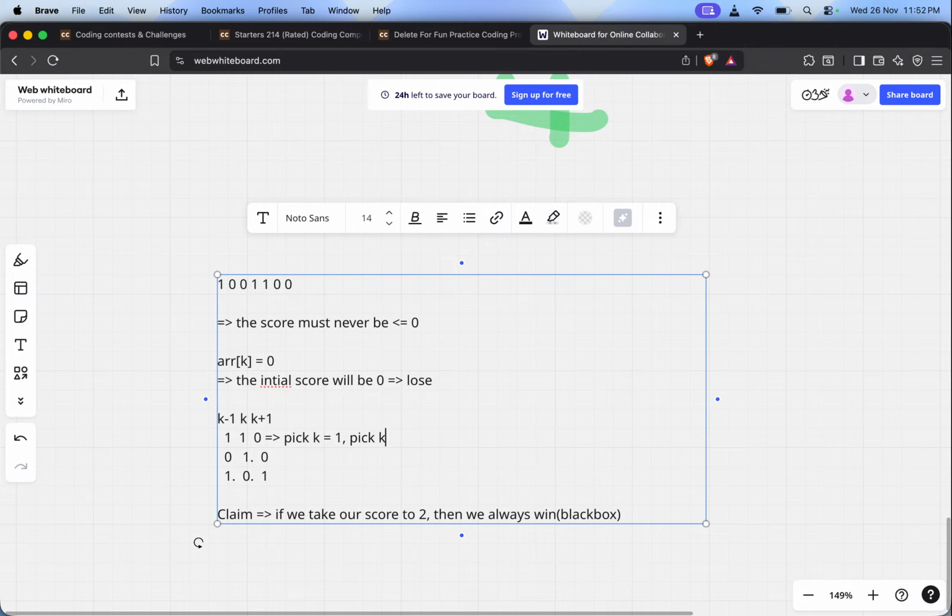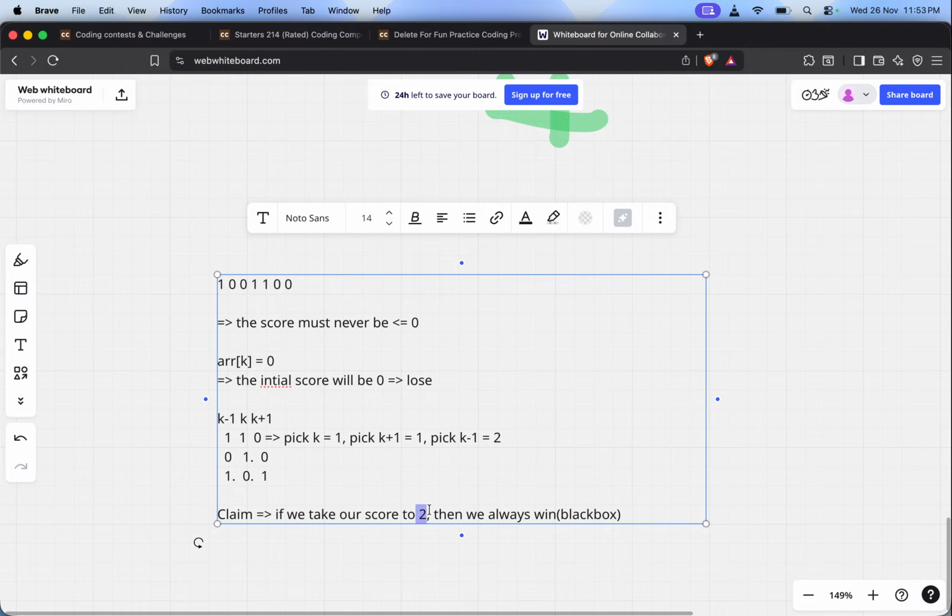Pick k plus 1, score is 1 again, because 0 subtracted from 1 is 1 again. Now pick k minus 1, then the score is 2, because in the third step we add.